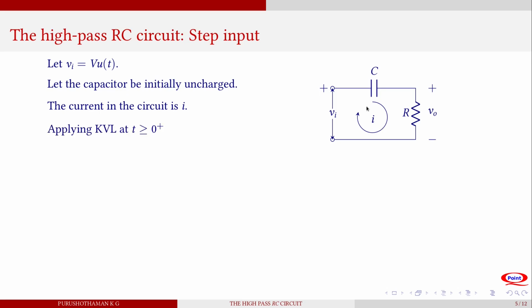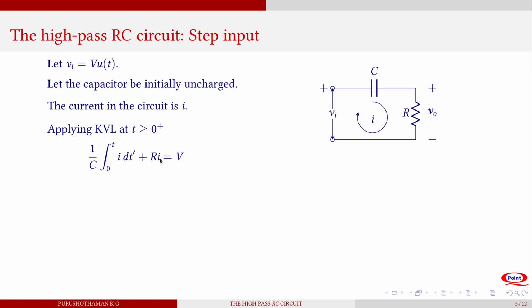At t equal to 0 plus, that means after the application of the voltage V, we can apply KVL around the loop, which will give the voltage across the capacitor plus the voltage across the resistance must be equal to the input voltage V. Voltage across the capacitor is 1 by C integral 0 to t i dt.